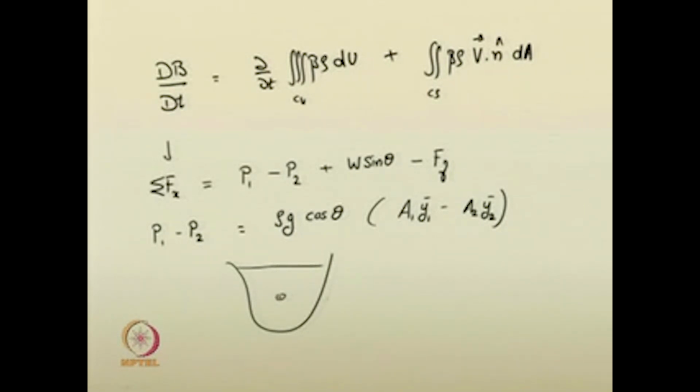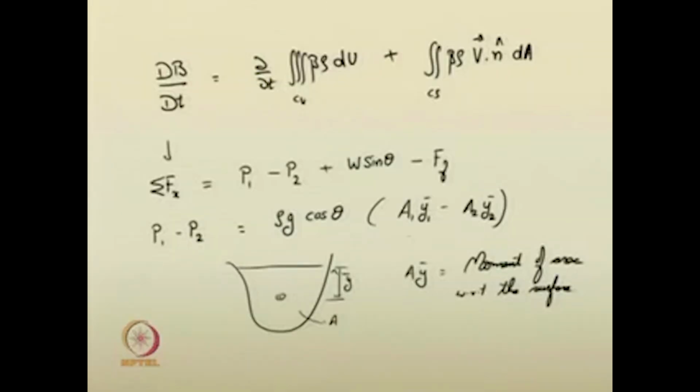If y bar is the depth to the centroid from the surface, and this area is A, then A y bar is equal to the moment of area with respect to the surface. This we have discussed earlier. So, we have two cross sectional areas, the upstream section 1 1 and the downstream section 2 2, and P 1 minus P 2 are derived in this way.